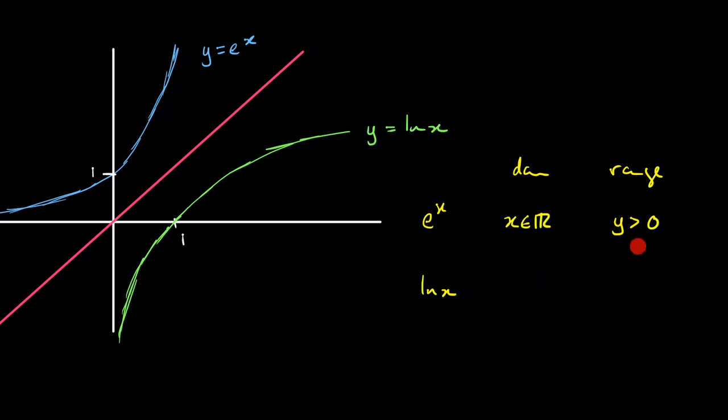Well, the domain's got to be the same as the range of e to the x, so x would have to be greater than 0. And what would be the range of ln x? Would it have to be the same as the domain of e to the x? So y will be all the real numbers. So that's basically the principle that we're applying: if two functions are inverses, then their domain and their range switch.